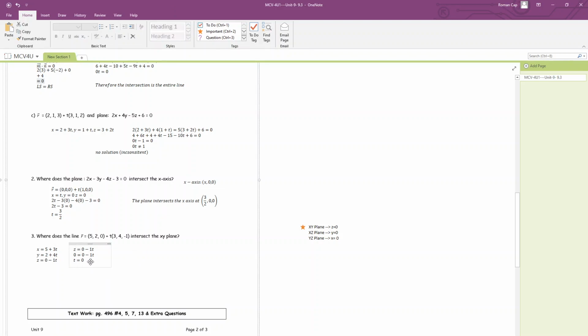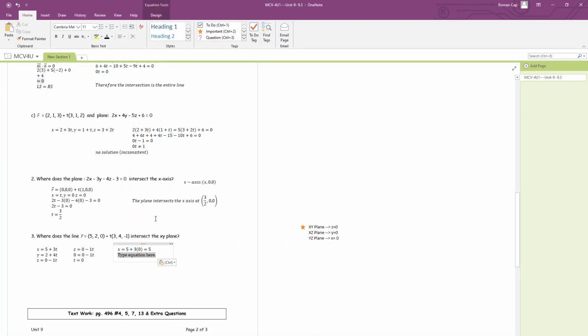Okay, so now we have t is equal to 0. Now let's plug this back into every single equation we have here to find the point, that corresponding x, y, and z value. So here we have x is equal to 5 plus 3 times 0, and that's going to be equal to 5.